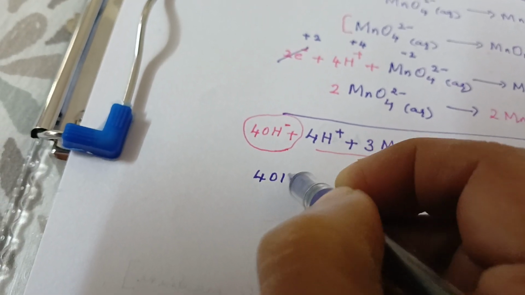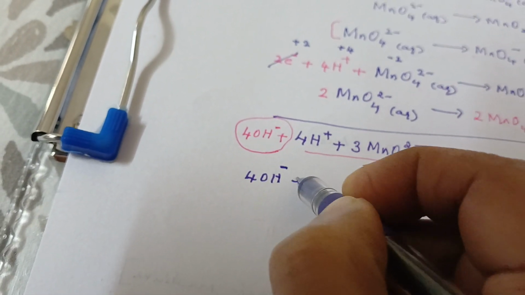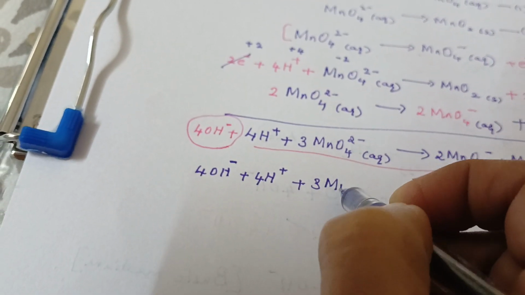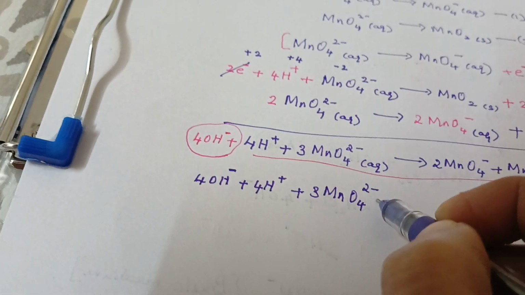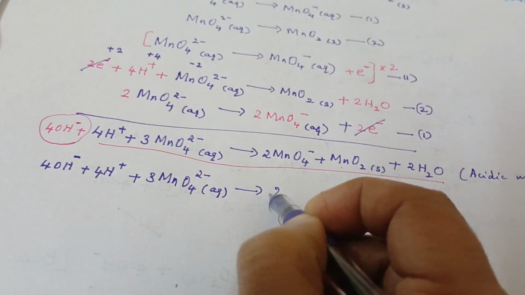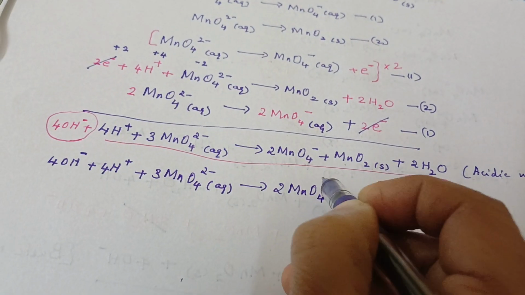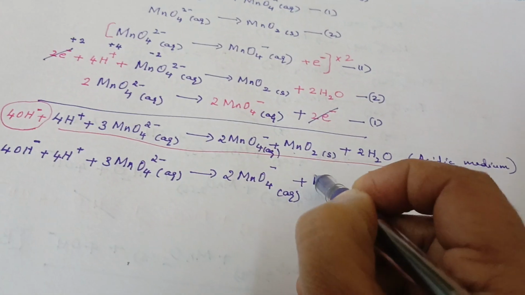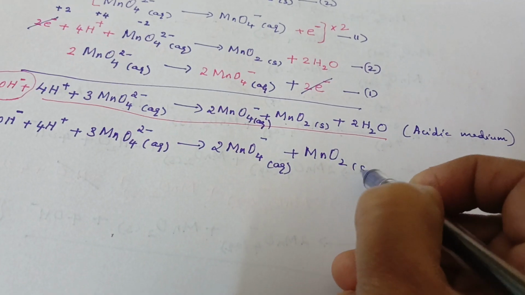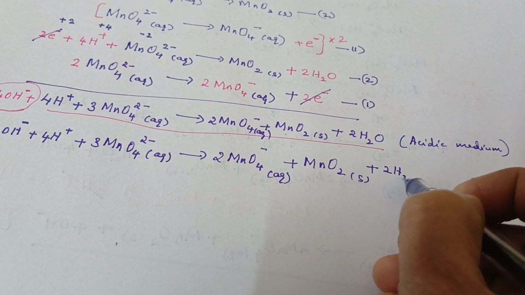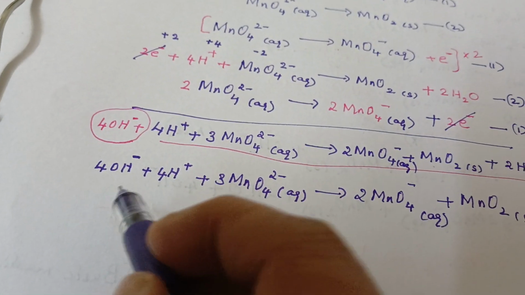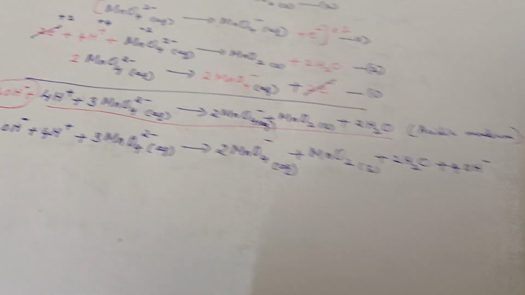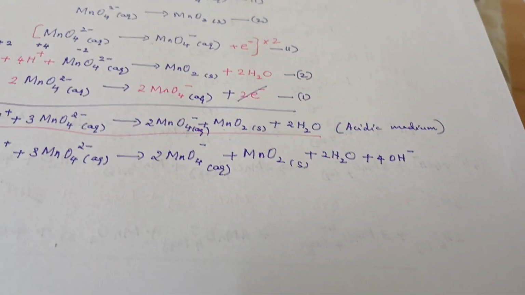4 OH minus plus 4H plus plus 3 MnO4 2- aqueous, giving 2 MnO4- aqueous plus MnO2 solid plus 2H2O plus 4OH minus. We have added 4OH minus on the left hand side, so we need to add it on the right hand side also.